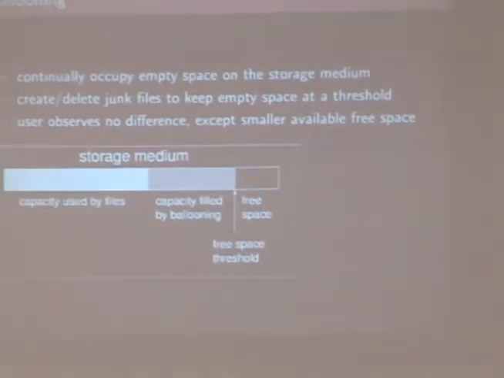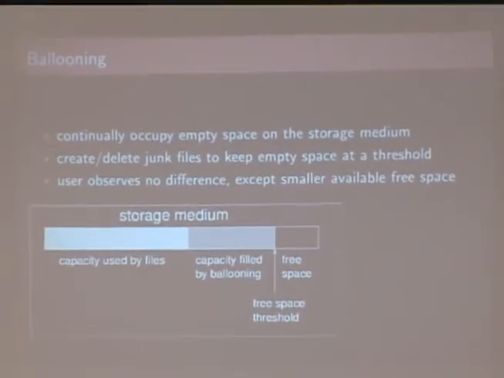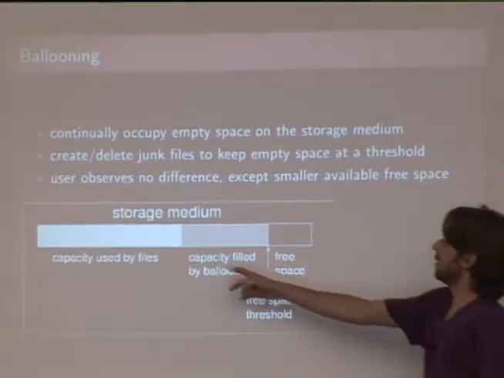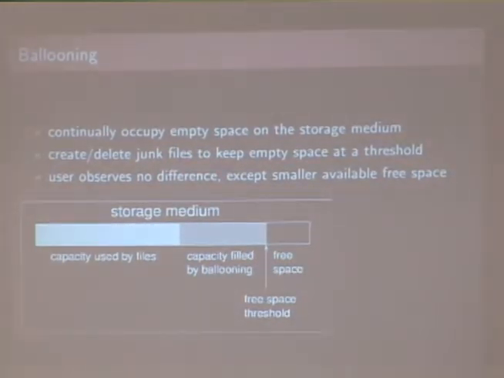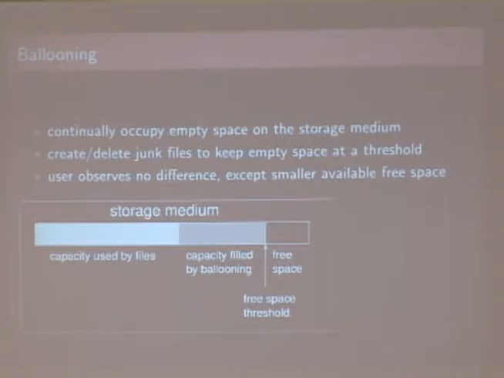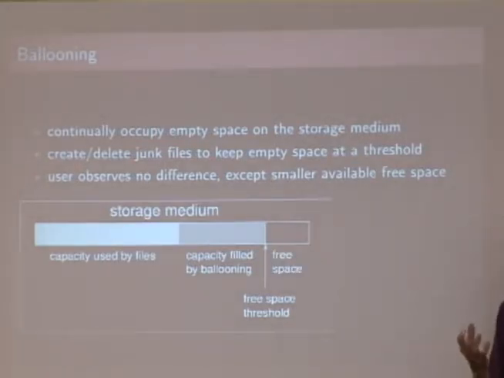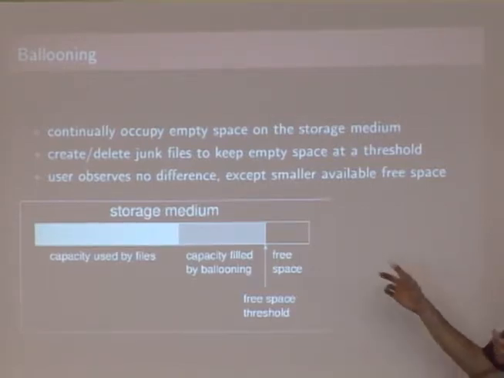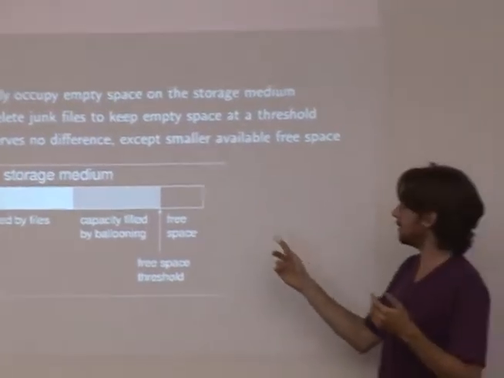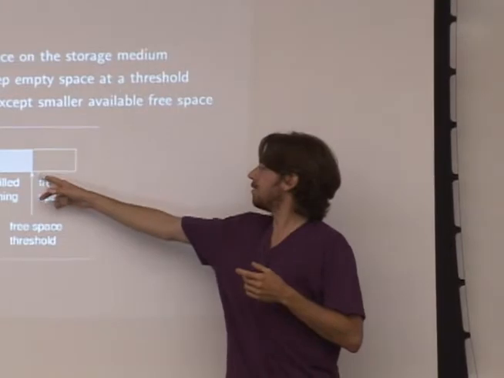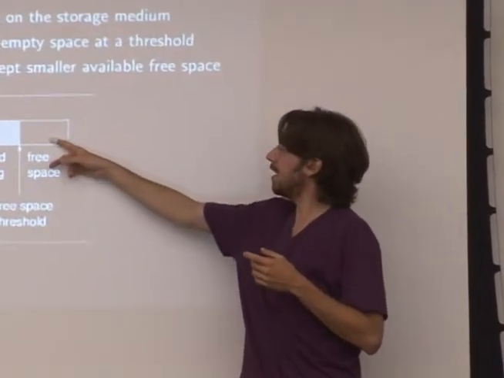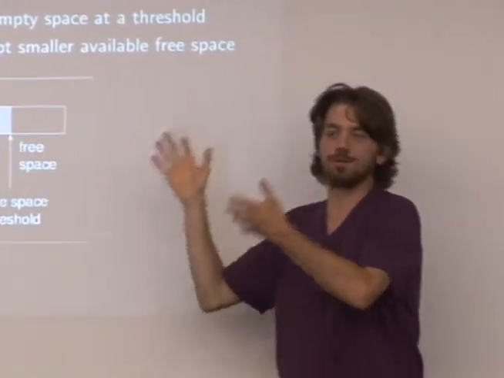Our second solution is called ballooning, and this works by continually occupying some fraction of the storage media's free space with junk information. The idea here is that there is a free space threshold, which is just some desired threshold for how much free space should be made available to the file system. When the actual free space drops below this threshold, then junk files are deleted to return back.